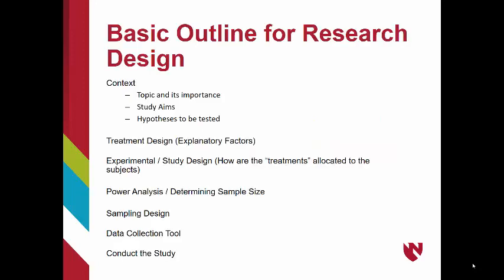So, when we're looking at research design, what are some of the things we need to have in mind? Well, first thing is we need to have a context. Why is this topic important? Number one. Now that I have a topic that I think is important, what kind of study do I want to do, and what aims do I have for that study?